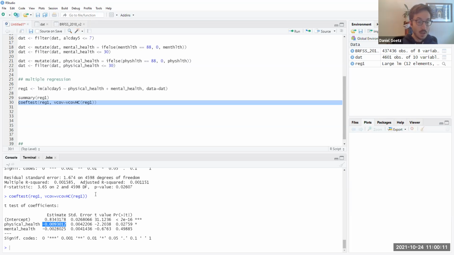So that's interesting. And our coefficient interpretation is 1 extra day in the past month where you didn't feel physically healthy would lead you to decrease the number of days per week you have a drink on average by about 0.009. Okay, so about 0.01, right? So the more days you feel physically poor, actually, the less you're drinking. So that's interesting. And that's robust with the heteroscedastic standard error.